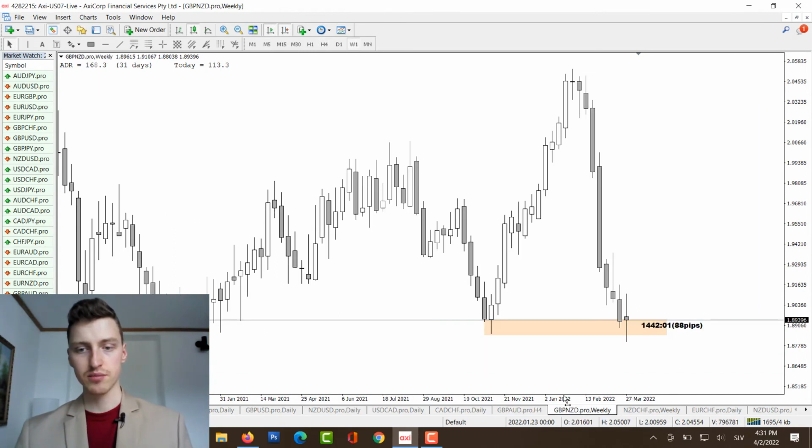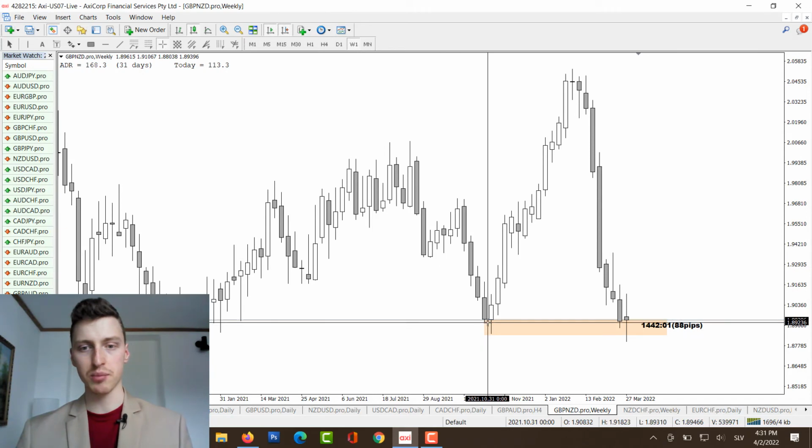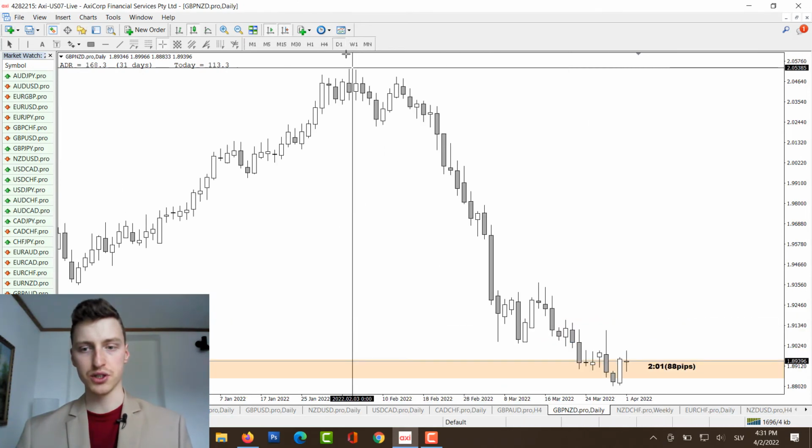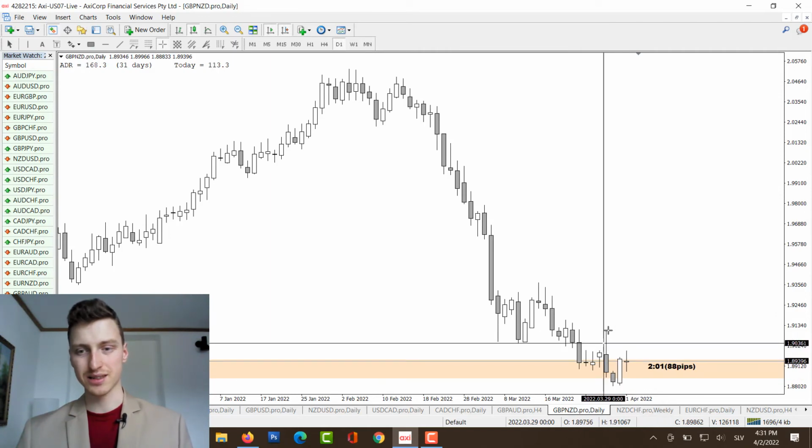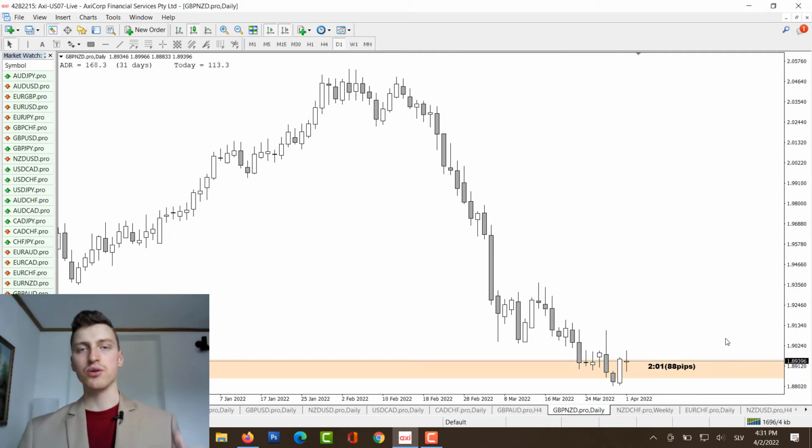So that's it. Pound New Zealand, pretty much the same weekly powerful support. Price just reached it. This candle looks very good, but this candle is too strong. So we have to look what kind of candles are approaching and are sitting on a structure. That tells us a lot about the structure.